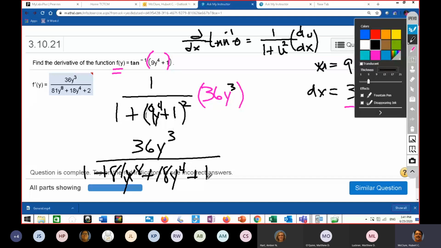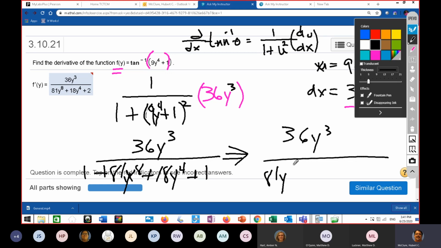Let me check my notes. 81y to the 8th plus 18y to the 4th plus 1. And what happens to the ones? They combine, and your final answer is 36y to the 3rd over 81y to the 8th plus 18y to the 4th plus 2.